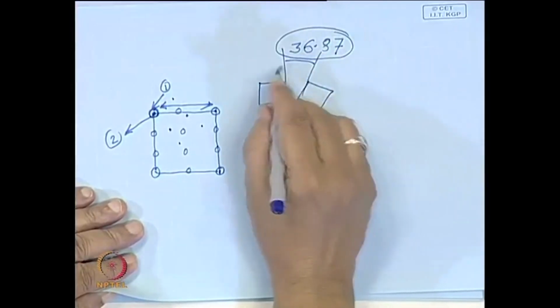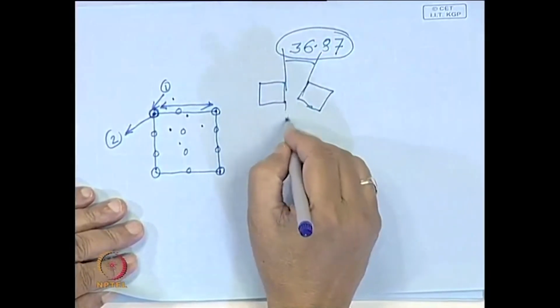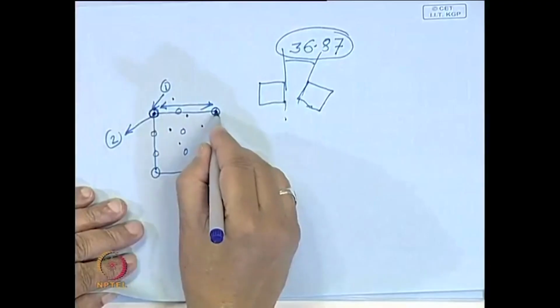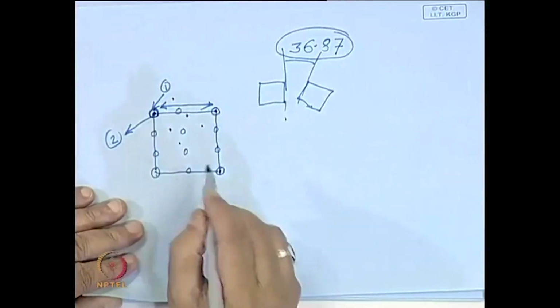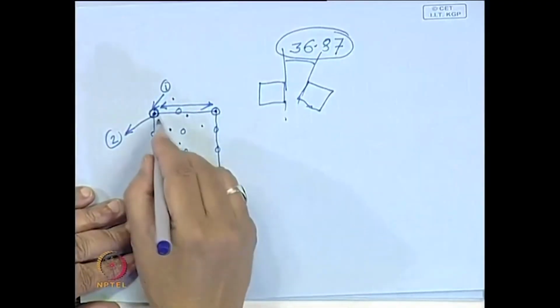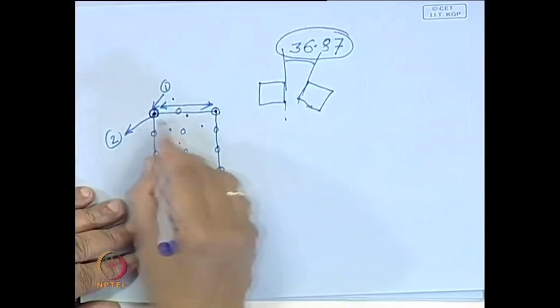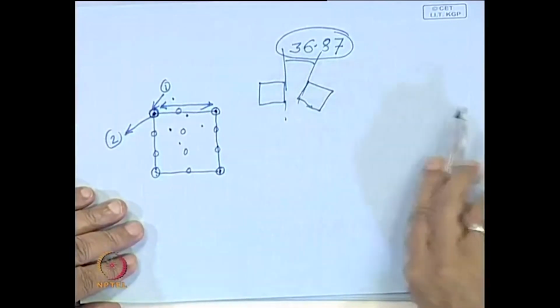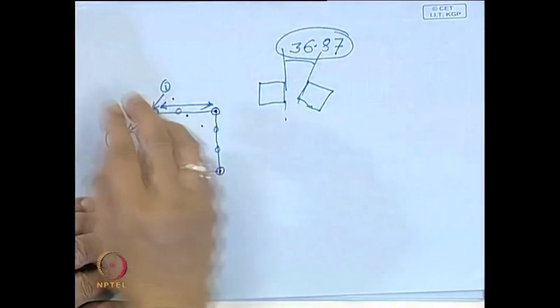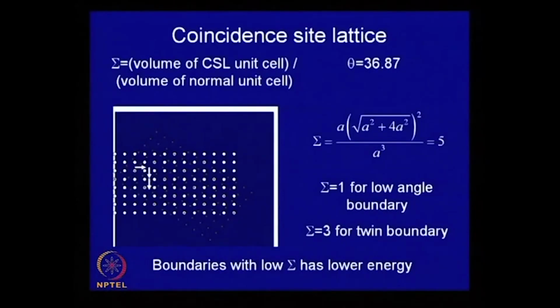When you rotate by this angle, you generate certain points which are coincident, and you can measure the dimension shown by this arrow.